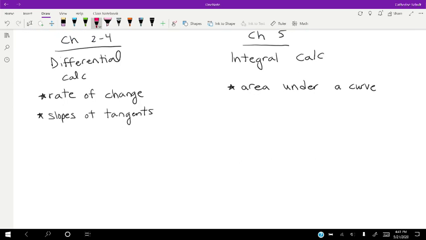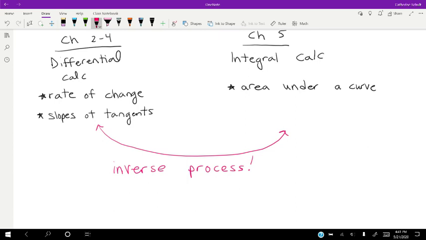We saw that it could help us find the distance traveled when given the velocity. But what we're going to see is that these two processes are actually inverses of each other. And that's what the fundamental theorem of calculus does. It links those two together.